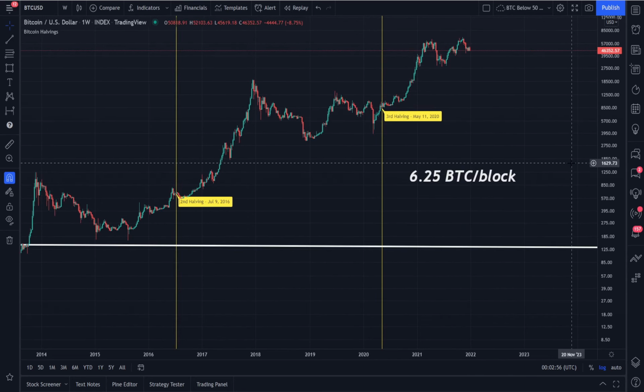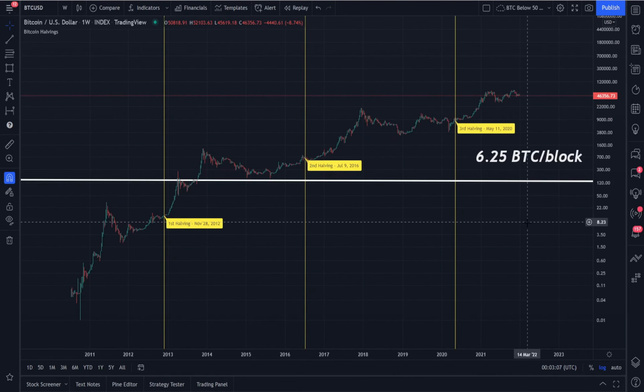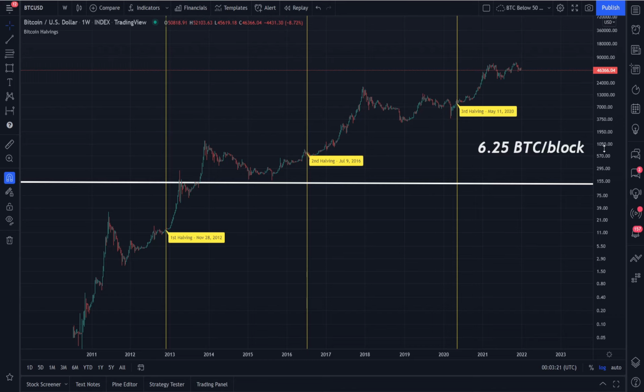So the miners can no longer meet demand simply by mining Bitcoin. That supply now comes primarily from long-term holders, shorter-term holders, and exchanges. Those three sources have become the primary suppliers of Bitcoin being sold on exchanges every day.